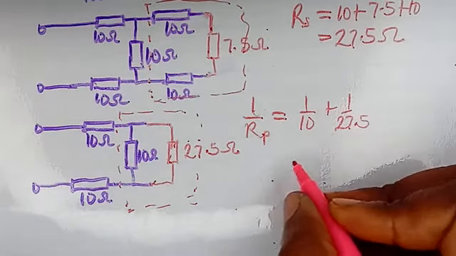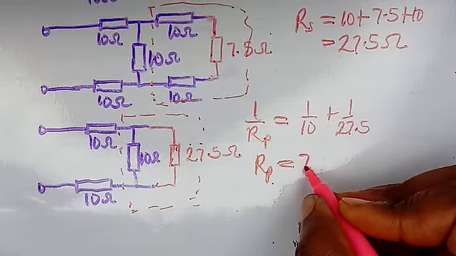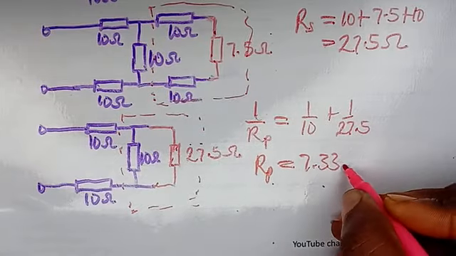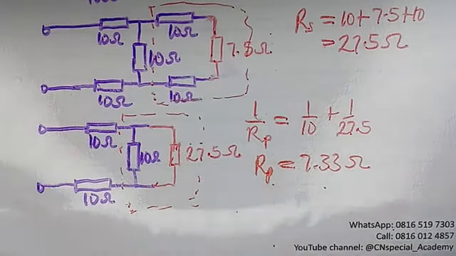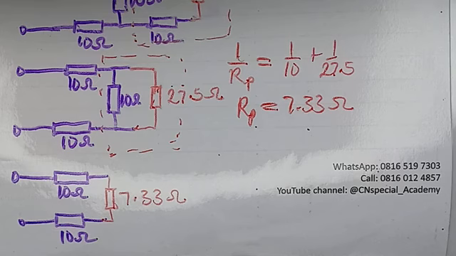So the reciprocal of this is equal to 7.33 ohms. So this combination gave us 7.33 ohms. We are now going to redraw once again. I know it's a long process, but that's just how to make these things easier for us. And as you can see, you're just flowing with the whole thing.